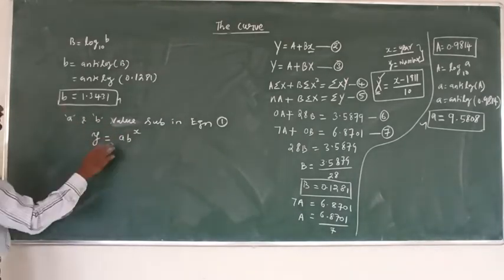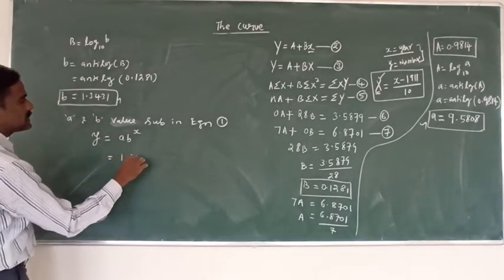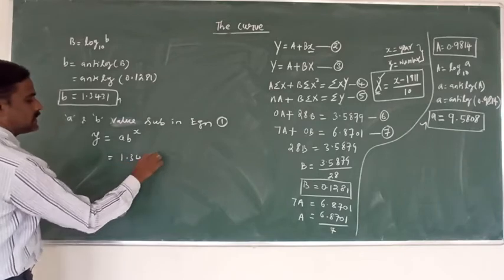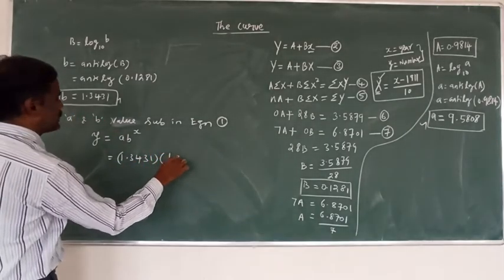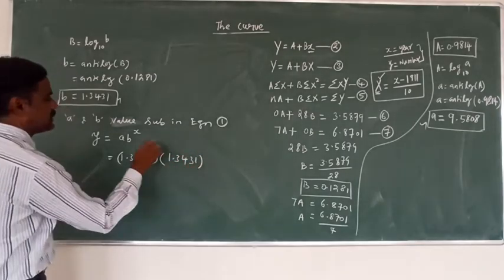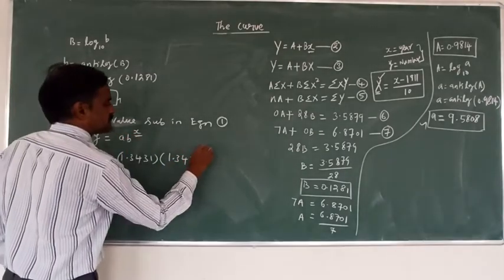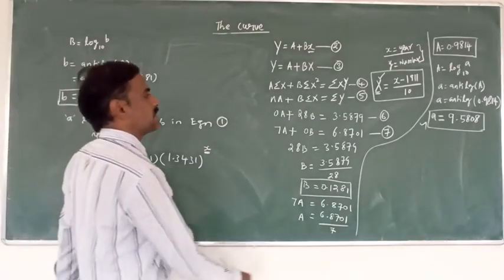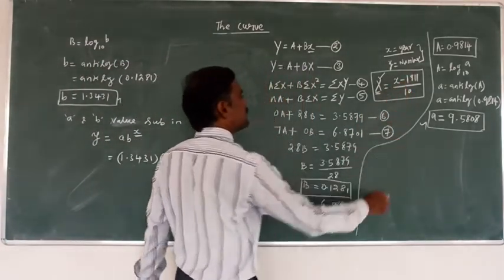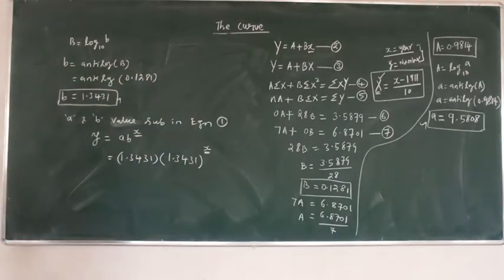A value 9.5808 and then b value 1.3431. Here small x in formula: capital X is equal to x minus 1911 divided by 10.